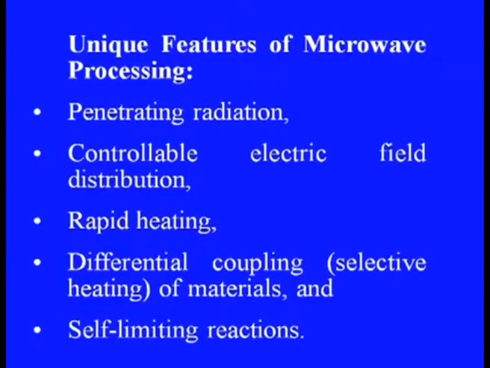This is one of the important features of microwave processing. Then the second is controllable electric field distribution. I have already indicated that we can have better control as far as the electric field is concerned, since we apply an electric field at a particular frequency.